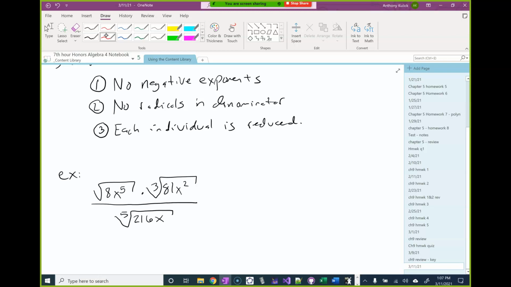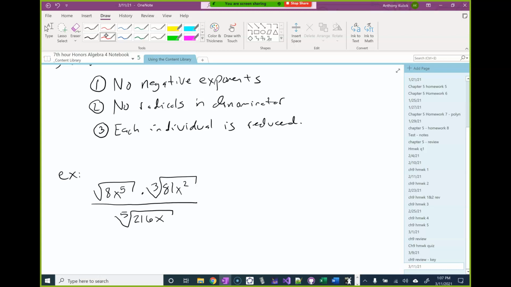Typically what I like to do on a problem like this, we'll notice that I have 3 different kinds of radicals, right? I have square roots, cube roots, and fifth roots. Everybody notice that? Eventually I'm going to want to convert everything into a rational exponent so I can get these all together in one expression.